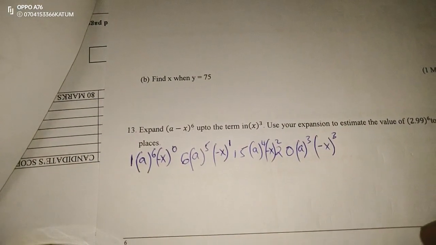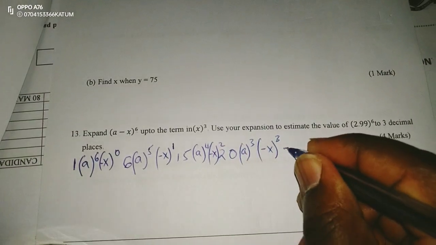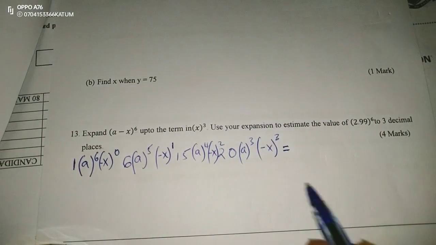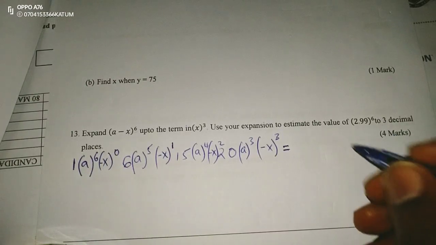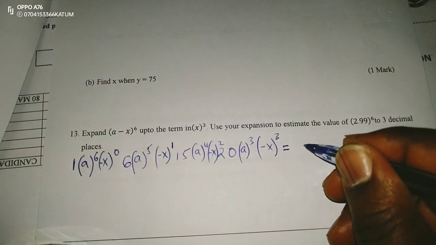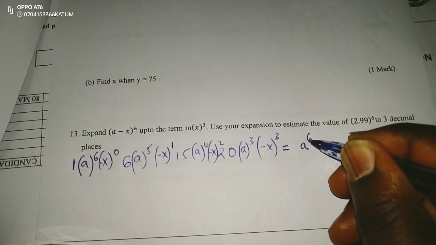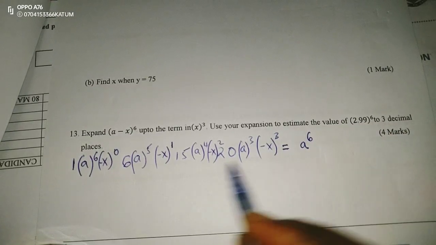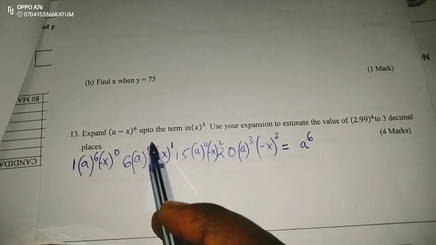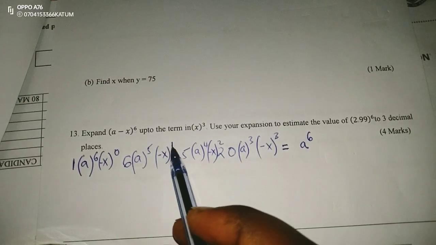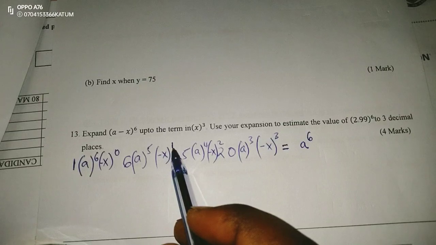So we can now simplify this one, and we're going to get a power 6, since this one becomes 1. Then in the next one, we will have 6, a power 5, then negative x power 1, which remains negative x.